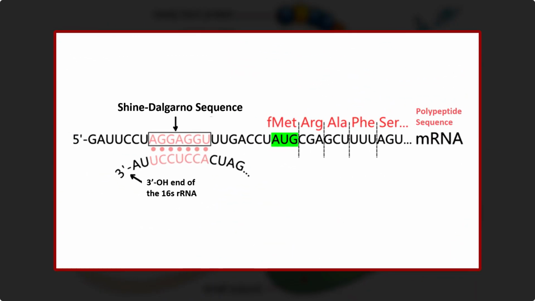A short sequence rich in purines at the 5' end, like AGGAGGU, called the Shine-Dalgarno sequence, lies 5' to the AUG initiation codon and is complementary to part of the 16S rRNA in the small ribosomal subunit. Therefore, this is the binding site for the 30S ribosomal subunit, which then migrates in a 3' direction along the mRNA until it encounters the AUG initiation codon.